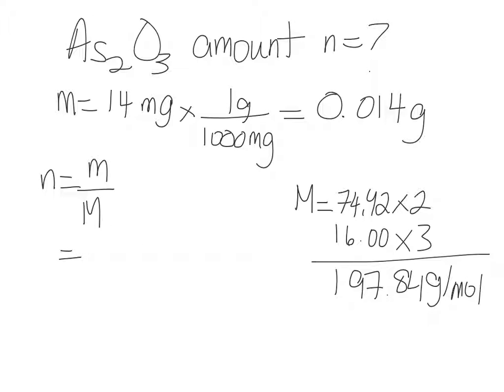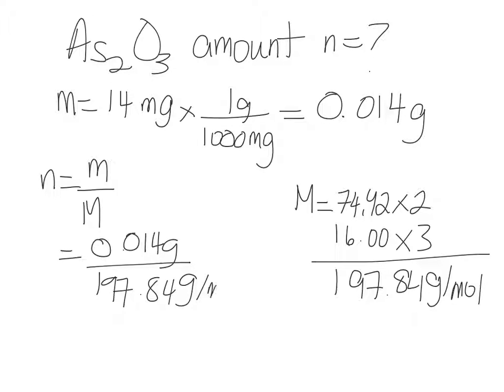So now, plug these numbers into your equation. Do your math and you get a number. What number do you get? Somebody with a calculator. Or Saeed. What number did you get? Oh. So that's our answer.